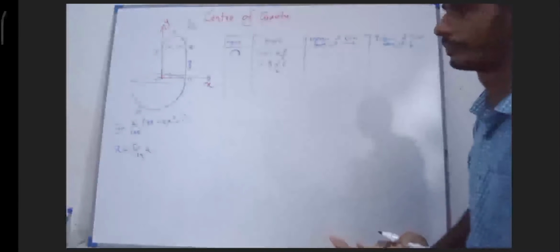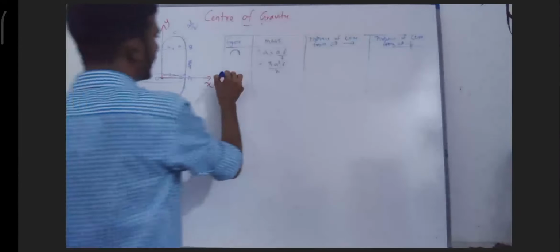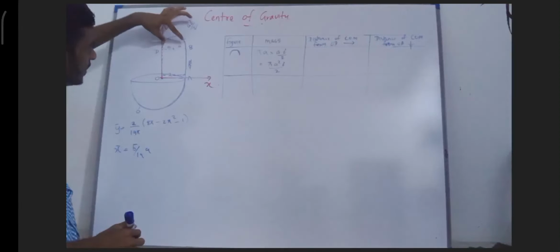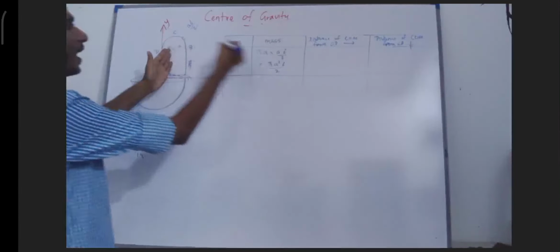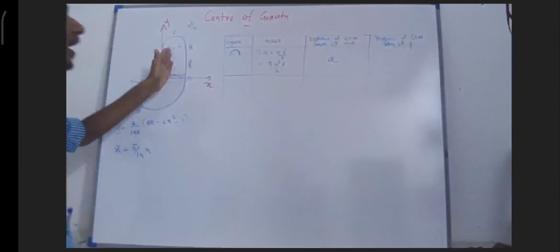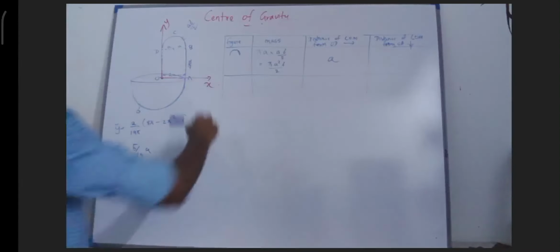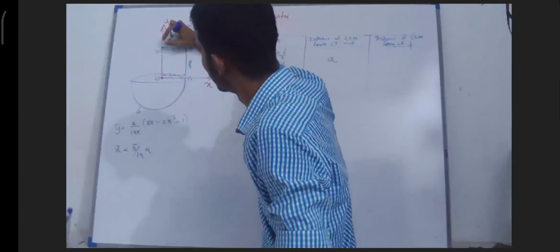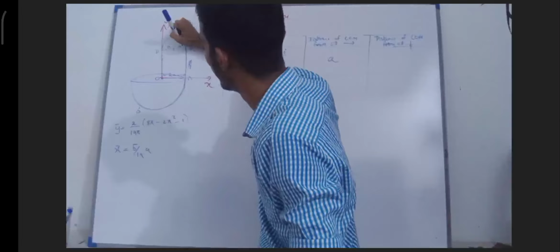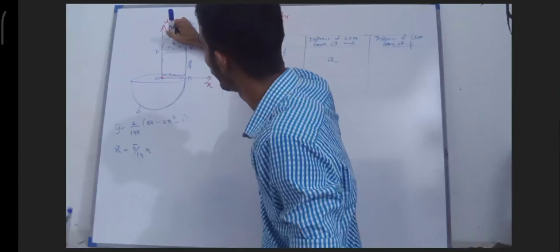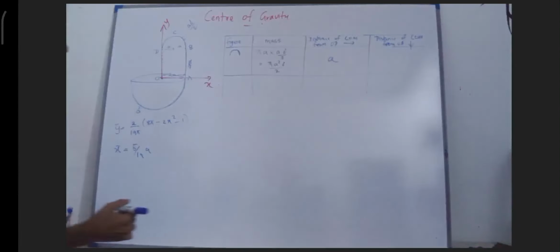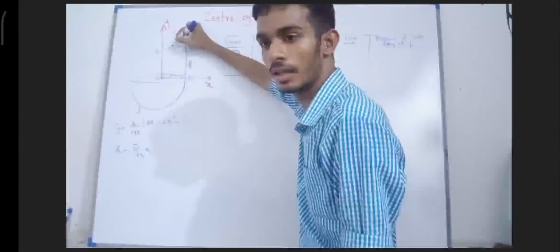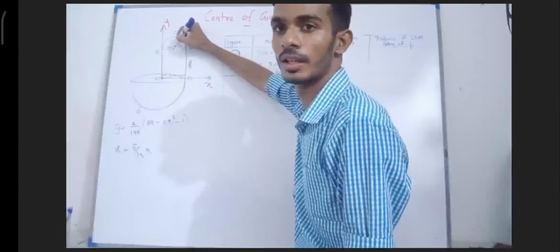For this one, from OD it is lying symmetrically at a, and from OA, we have already proved that the center of mass of a semicircular wire lies at a distance of 2a by pi from the center of the wire.